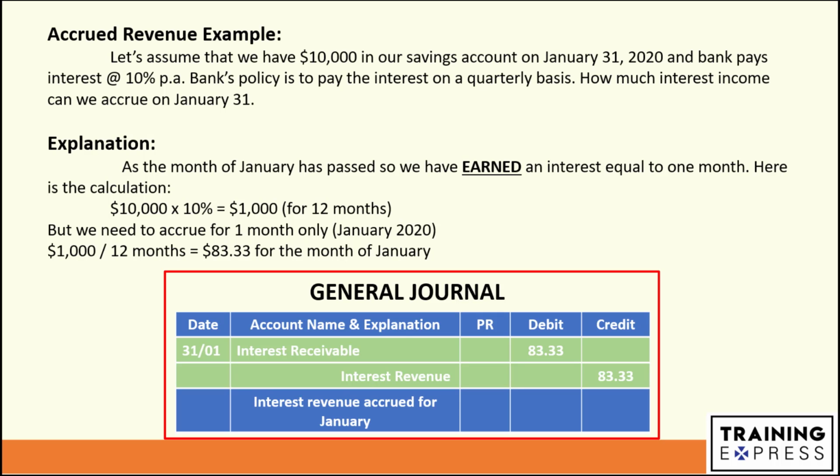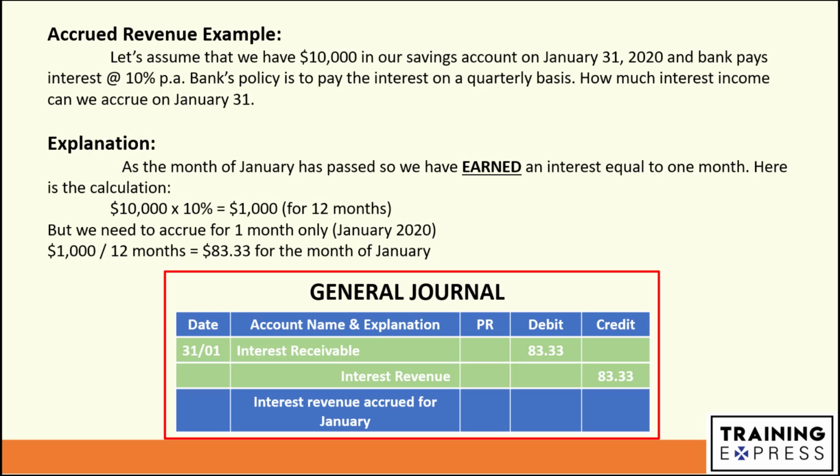Because we have not received this interest so far, we will record it as interest receivable. Because it is a receivable, it will be treated as an asset. And whenever assets increase, we debit.